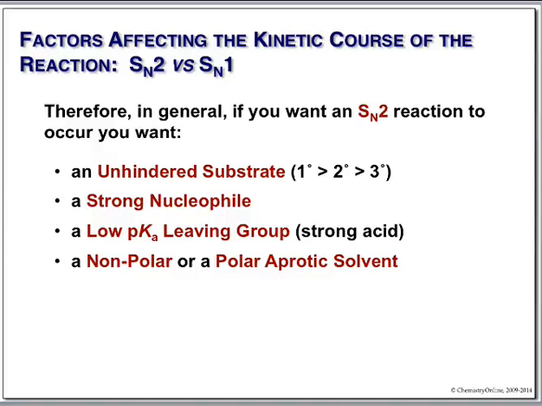Nice little bullet points. You can remember all of these will give you Sn2 preferred. This mostly has to do with secondary carbons, because primary carbons are almost always Sn2, tertiary are almost always Sn1.